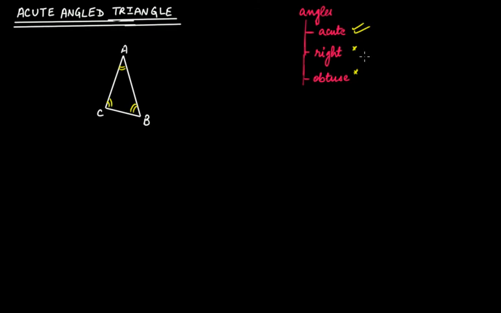If in any triangle, all the angles are acute angles, then that triangle will be an acute angle triangle. Okay, here we are not considering sides.